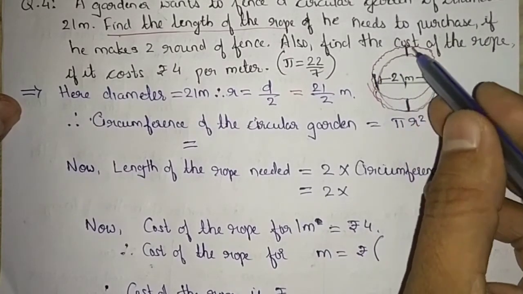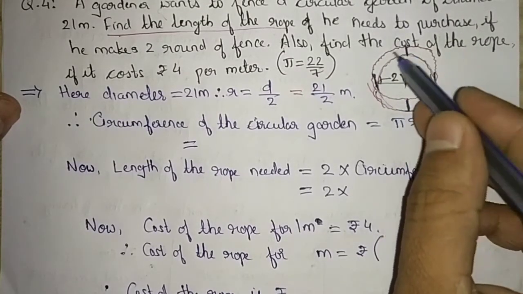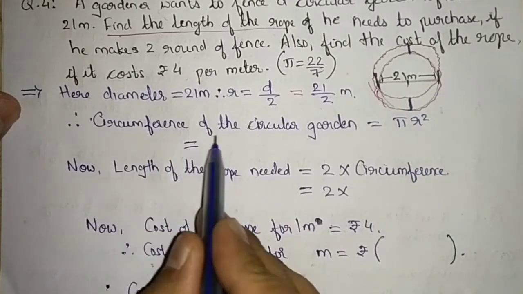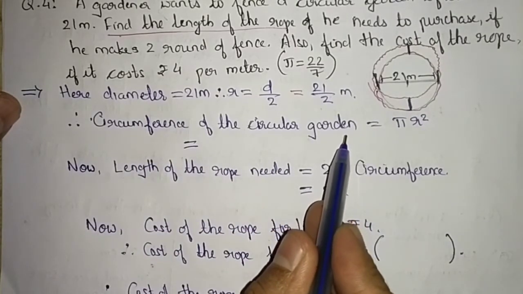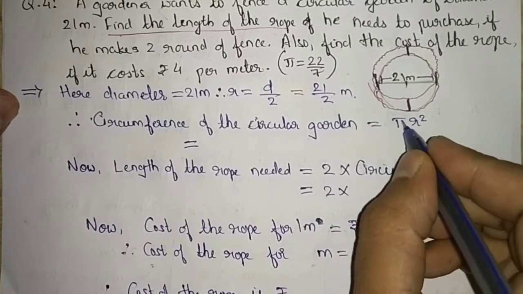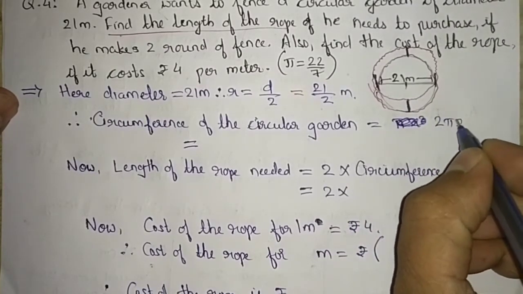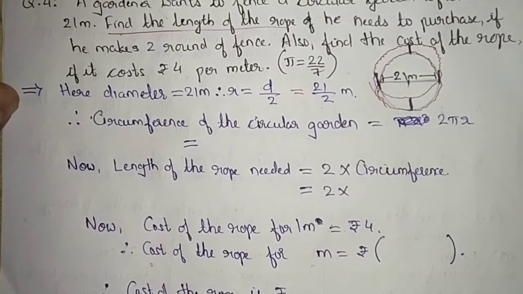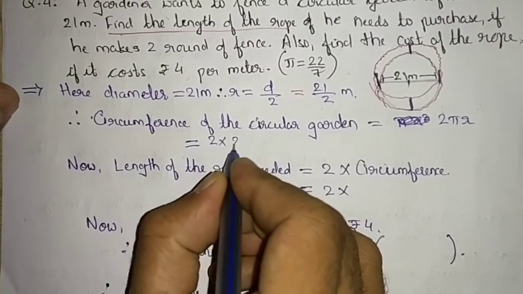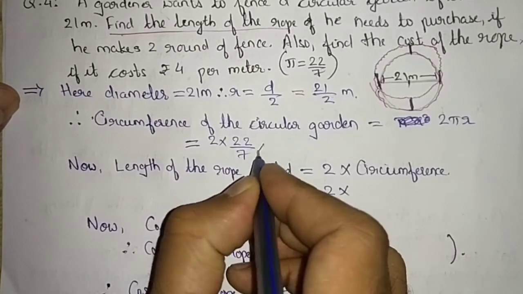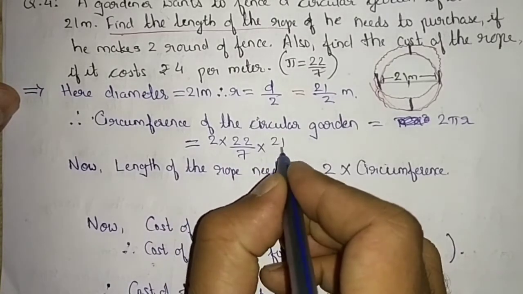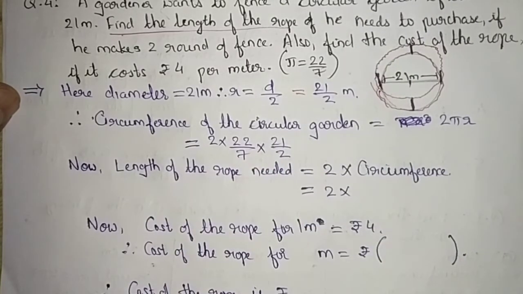Now since he is fencing the rope which is in the shape of circumference, I will write like this. Circumference of the circular garden is 2 pi r. Sorry for this mistake, it is 2 pi r. And 2 pi r is nothing but 2 into 22 by 7 into r, which is 21 by 2.